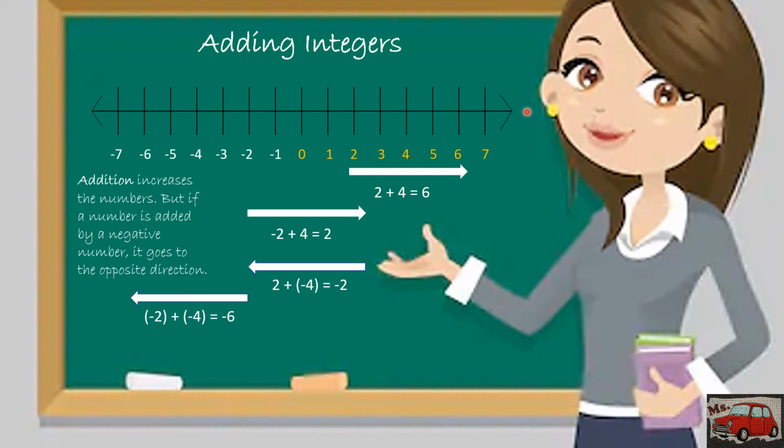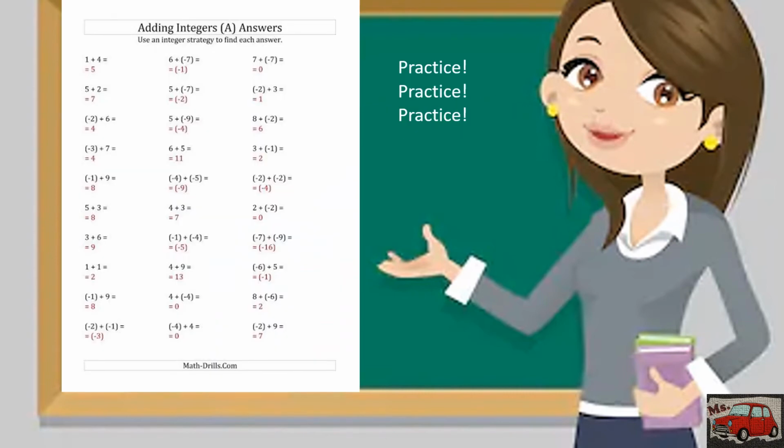But if we add a negative, instead of going to the right side, we go left. Okay? Practice time. I want you to copy the questions first and then answer them on your own. Once you're done, just check your answer here, okay?